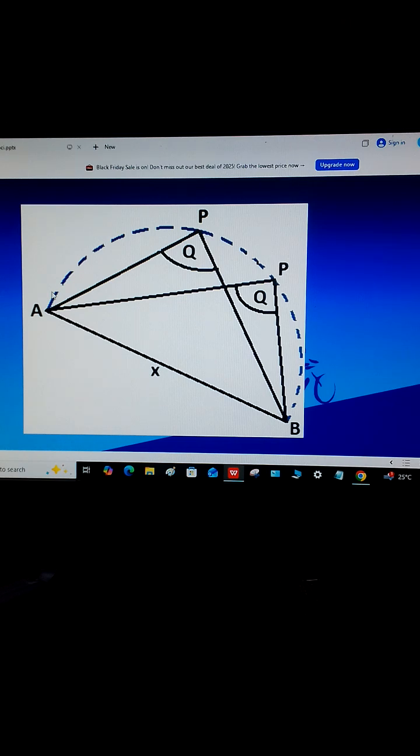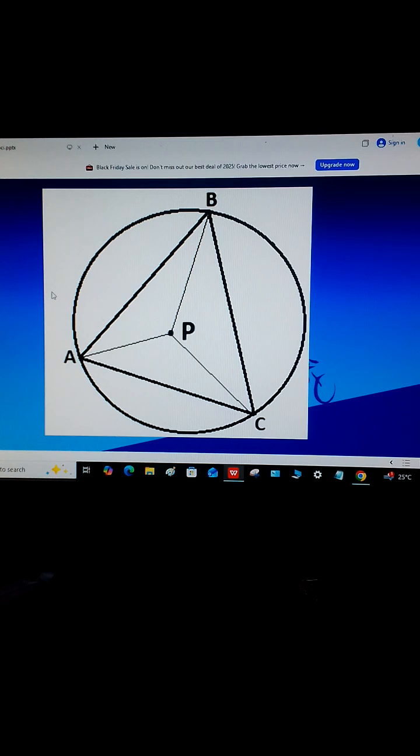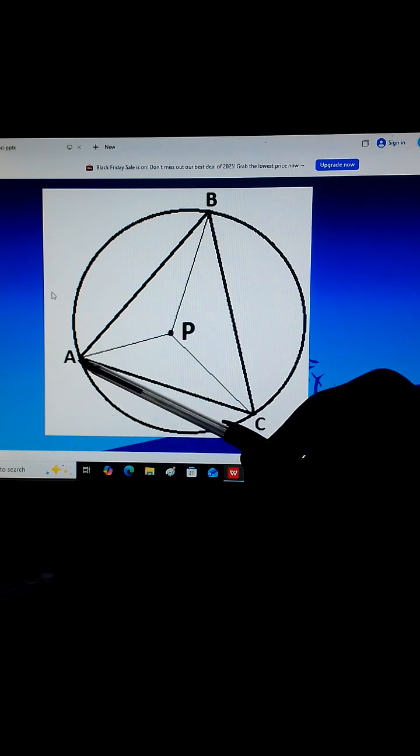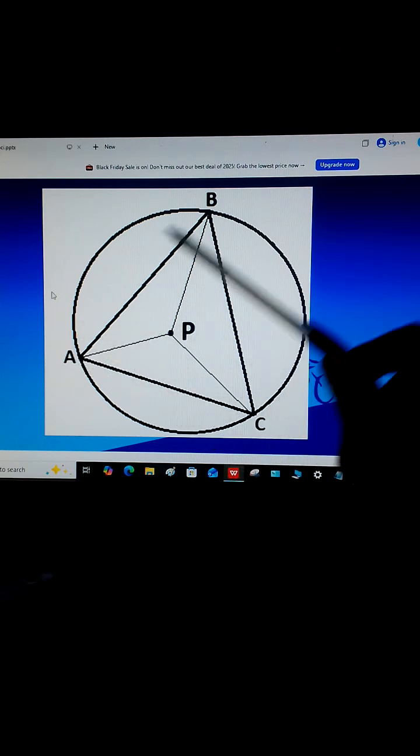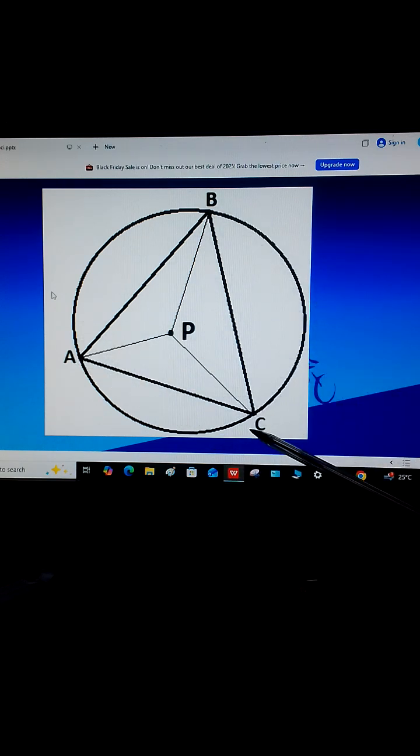Alright, let's go to the sixth case, where we have the locus of a point P that is equidistant from the vertices A, B, and C of triangle ABC. This triangle A, B, C, and we have a point that is equidistant from the vertices from here, from here, from here.